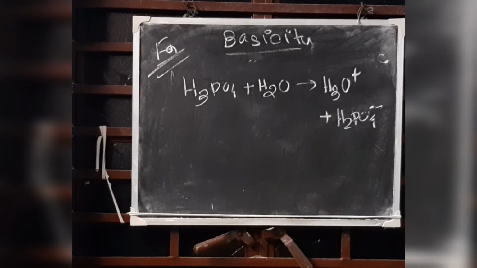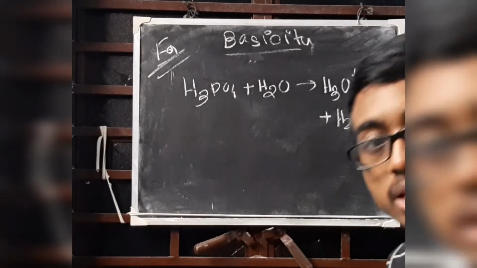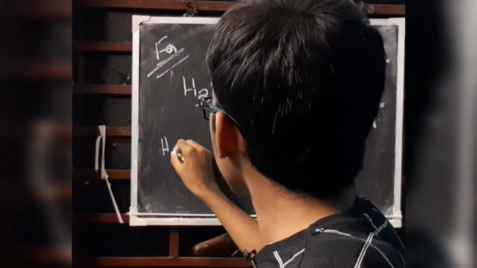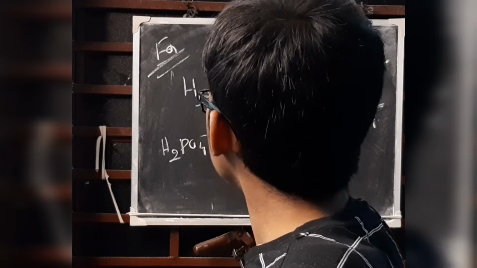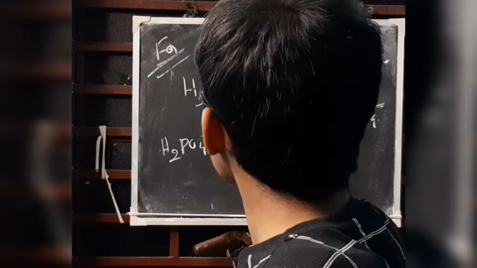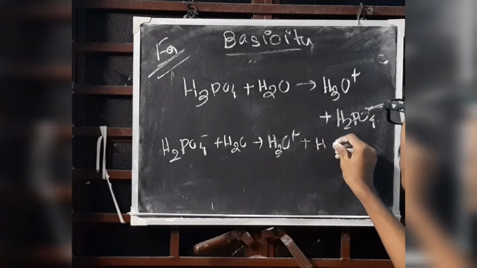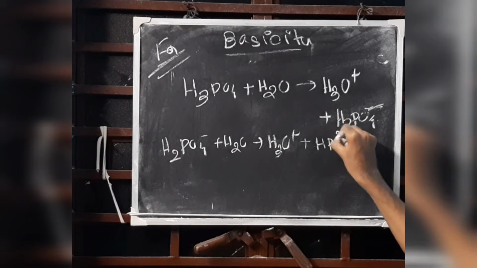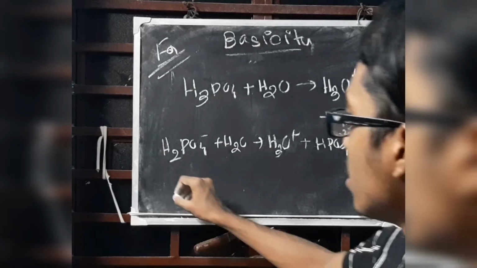The charge has changed to negative. Second step, this becomes the reactant: H2PO4 minus plus H2O gives H3O+ plus HPO4 2 minus. Why 2 minus? One more H has decreased, so the charge is now 2 minus.